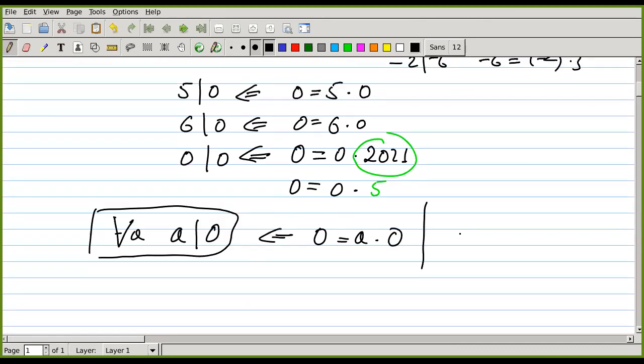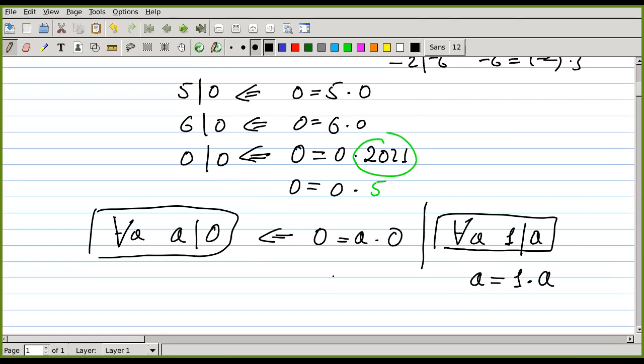Do you know a number which divides everything? 1, and in fact, minus 1. 1 divides every number. Why is it so? Because every number A can be expressed the following way: 1 multiplied by A. Is it clear?